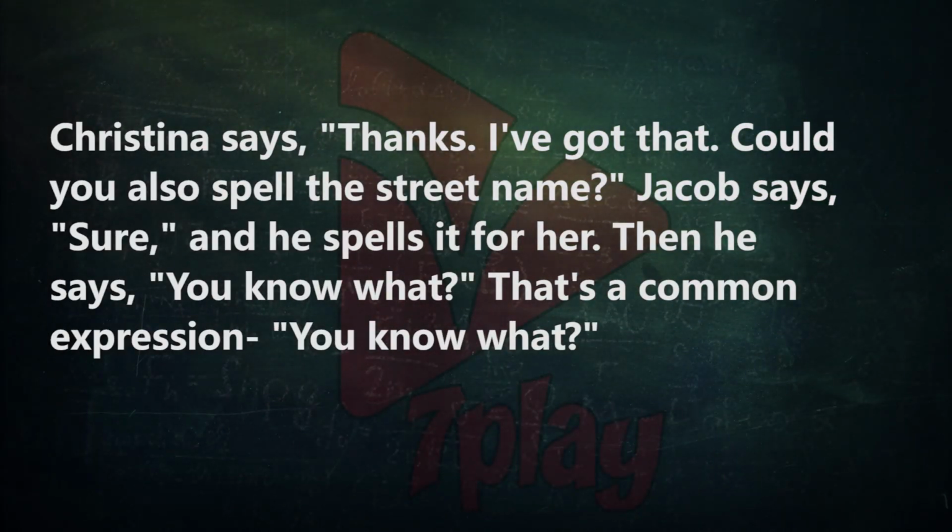Christina says, "Thanks, I've got that. Could you also spell the street name?" Jacob says, "Sure," and he spells it for her. Then he says, "You know what?" That's a common expression. You know what?